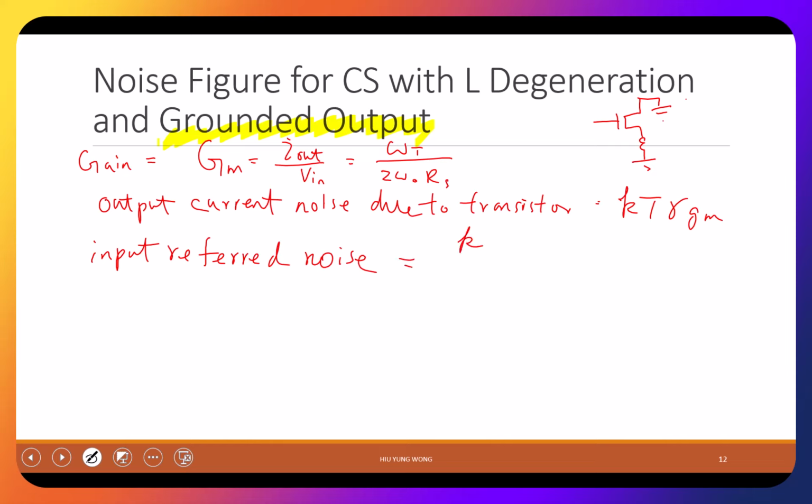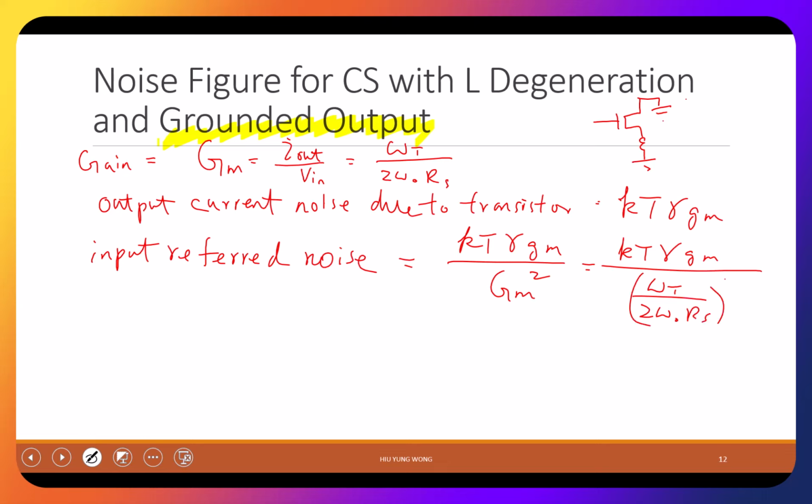It equals to the output divided by capital GM square, right? Input reference noise, right? If you don't understand, go back to study. This is one way to do it, but actually the results will be the same. So this is KT gamma GM divided by this whole thing, omega T divided by 2 omega RS square. This gives me the input reference noise.